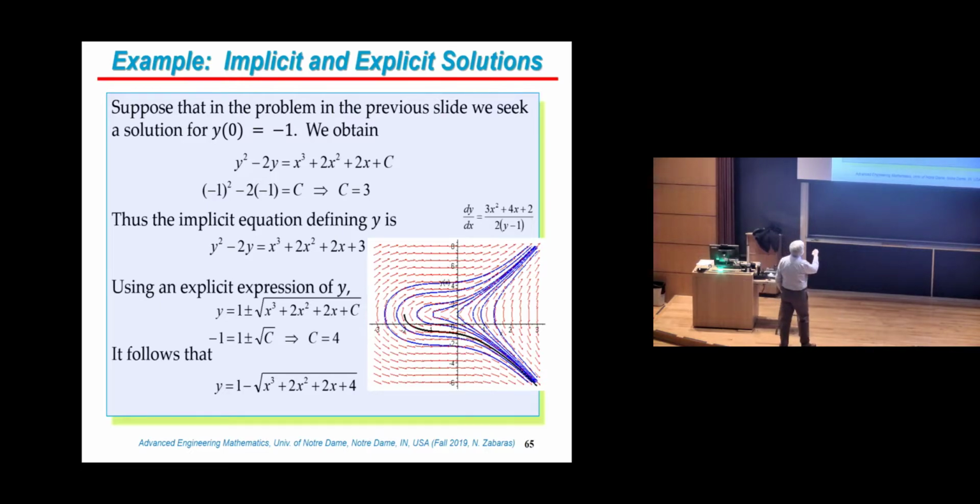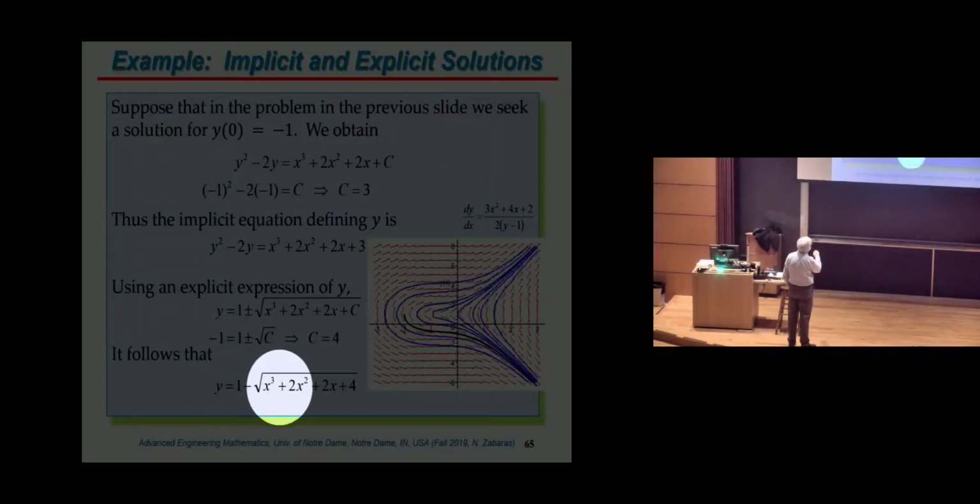If you look at this equation here, the exact solution, at x equal to minus 2, what is y? So minus 2, x cubed will become minus 8. And this will become plus 8, they cancel. Minus 2 will become minus 4, plus 4 cancels, so y is equal to 1. And what happens at y equal to 1?